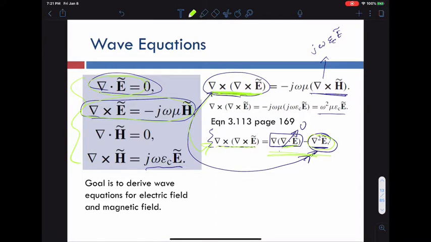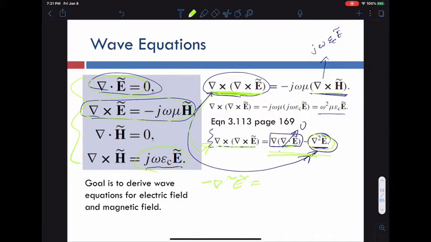So negative del square E from this side. On this side over here, we have negative j omega mu, and del cross H, and del cross H is basically this guy over here, right?